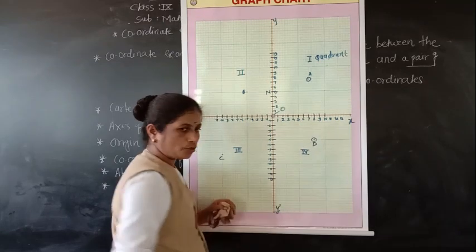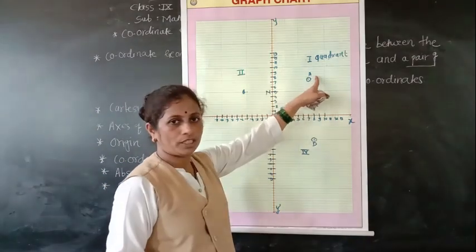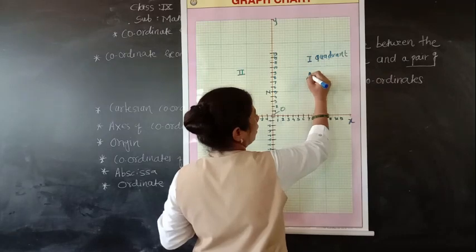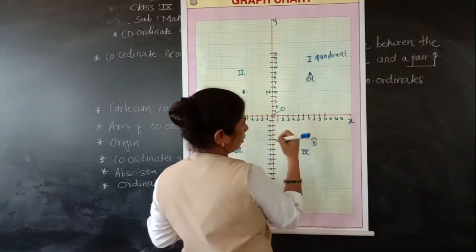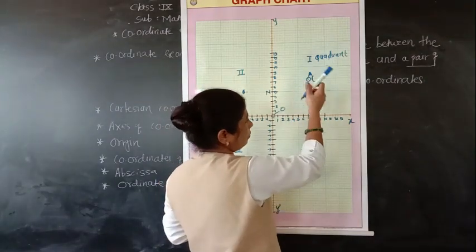Now I will write the coordinates of these points. This is my A point. Every time we have to write the x coordinate first.